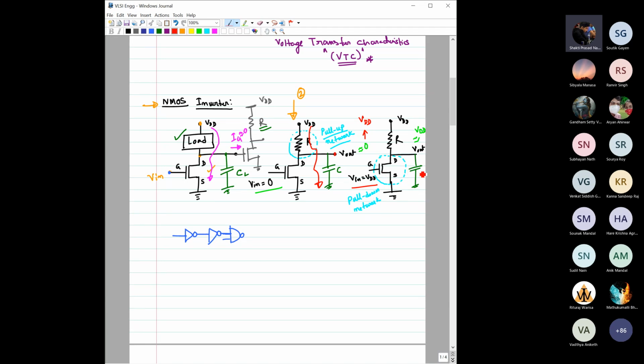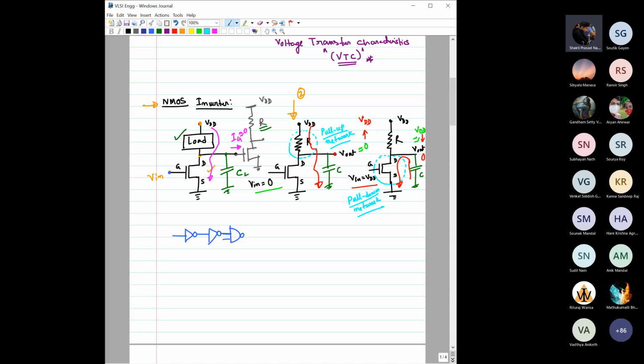So the stored charge in this capacitor will now try to flow back to the ground through this MOSFET. Basically this capacitor gets discharged through this MOSFET. As a result, the output potential, which was earlier VDD, will now drop from VDD to 0 volt. So this particular part is called the pull down network.